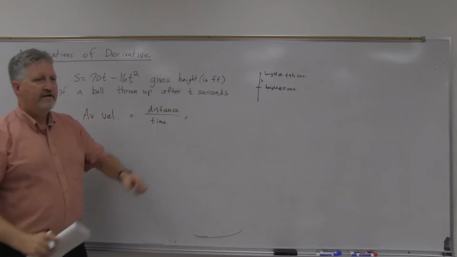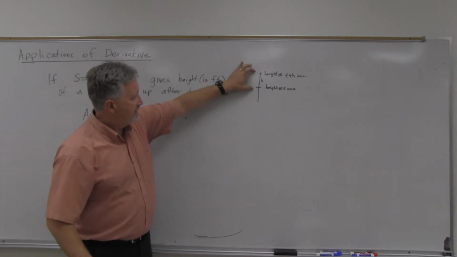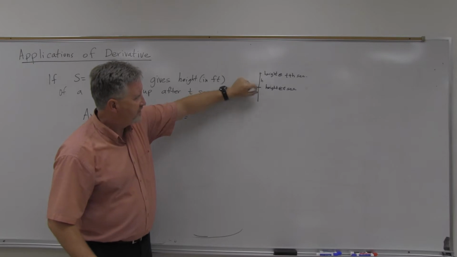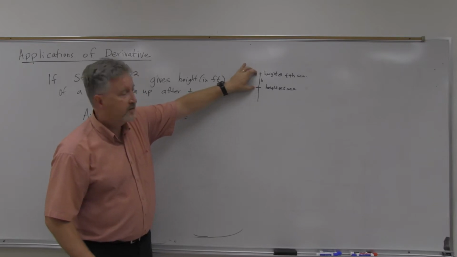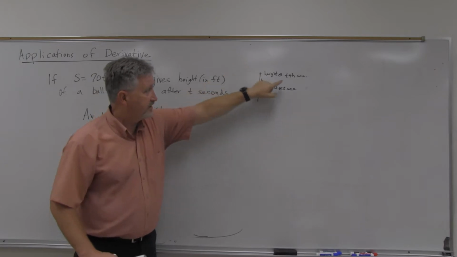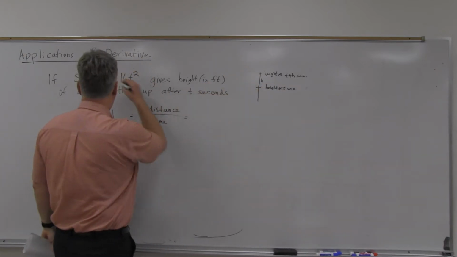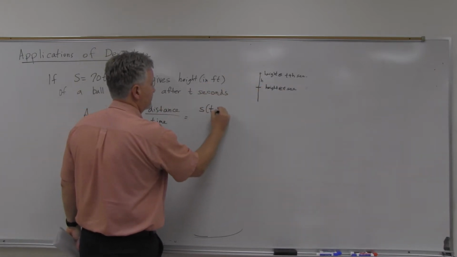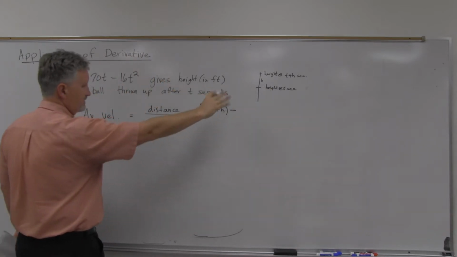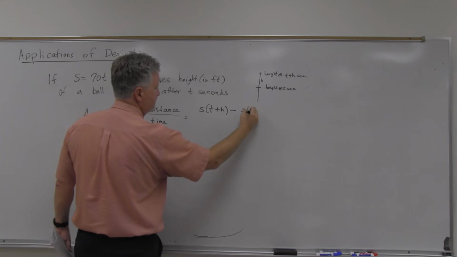Okay, you with me there? So I start that. So that average velocity from here to here, you're going to take the heights, which the height of this one would be the height at t plus h. So it'd be s of t plus h, minus the height at this one, which is at t seconds, so that'd be s of t.